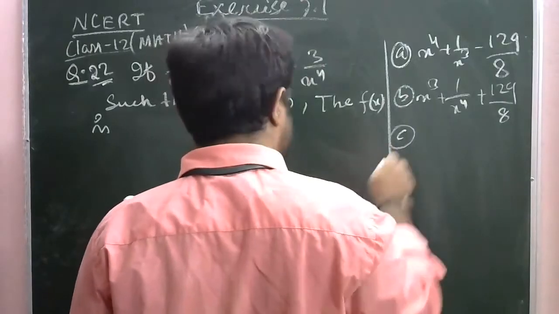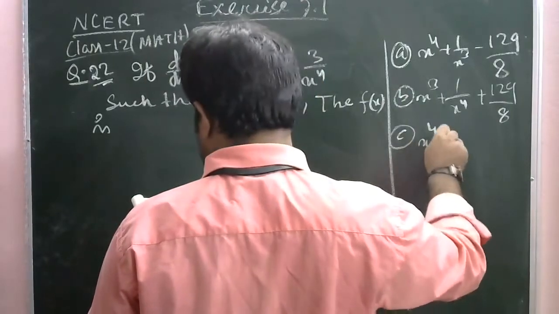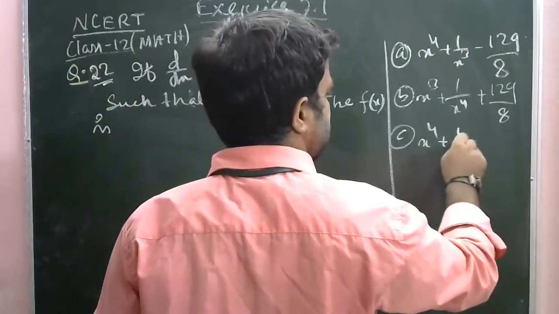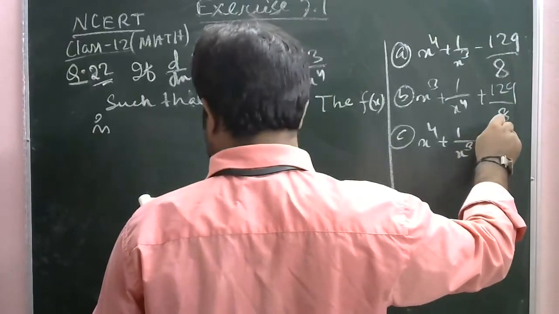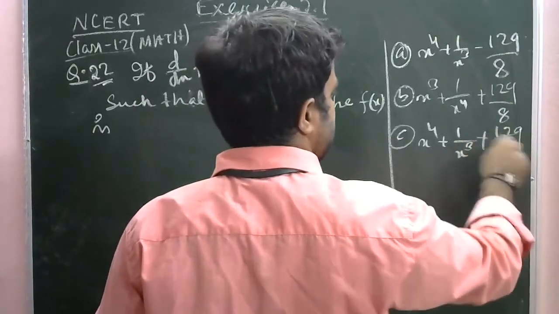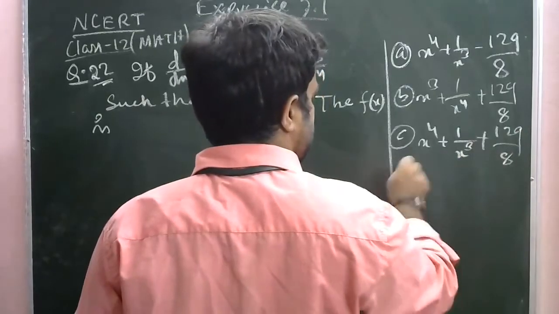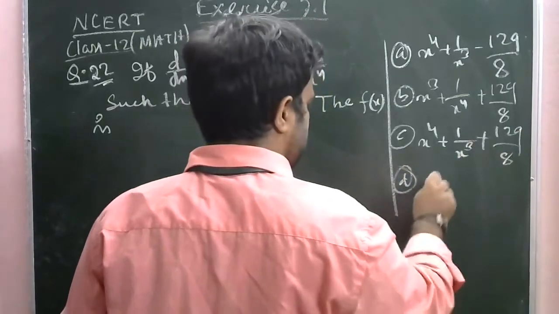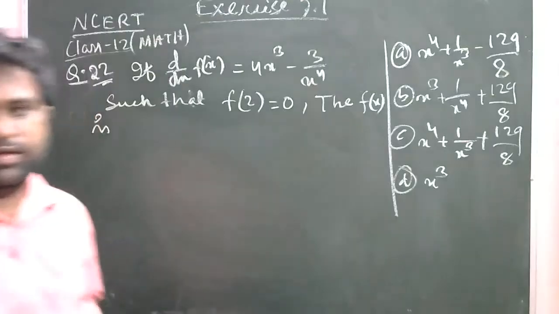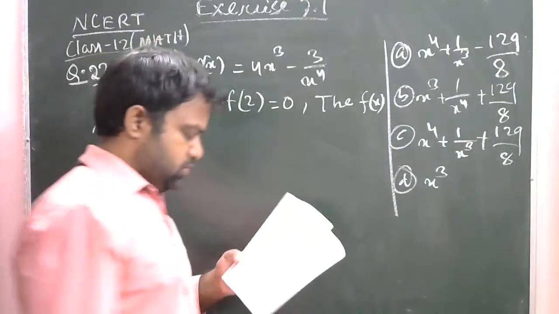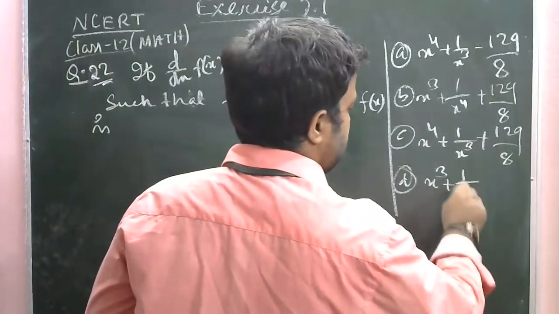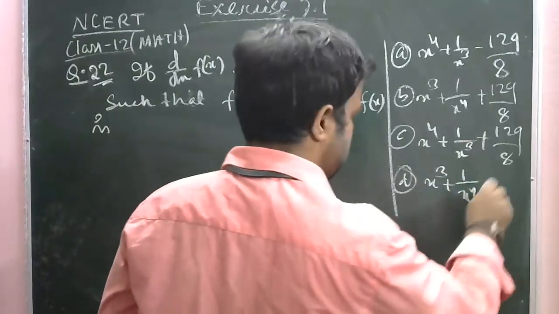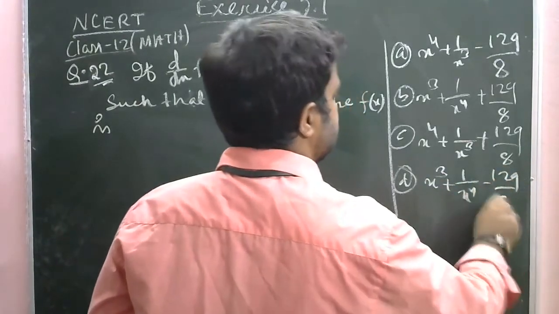Option C, x⁴ plus x³ plus 129 by 8. Option D, x³ plus 1 upon x⁴ plus 129 by 8.